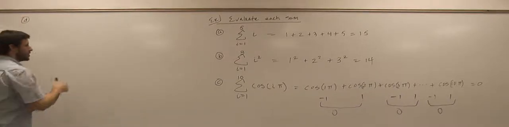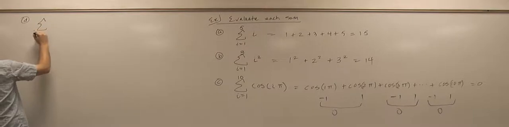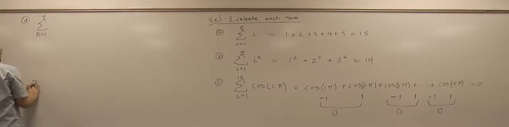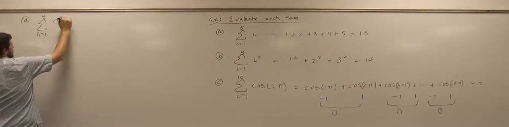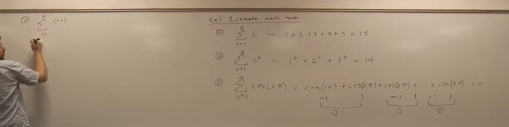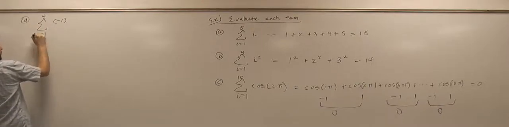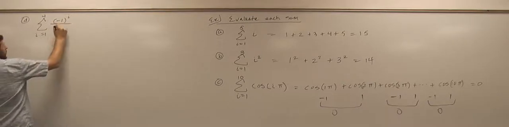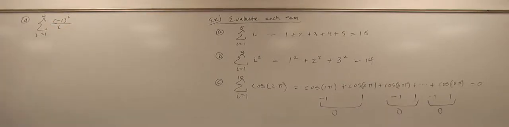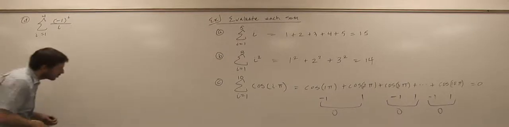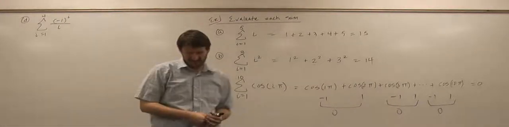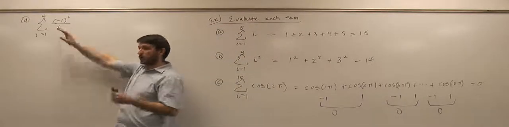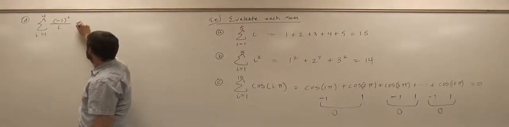And we'll make it a little more interesting. So sum from 1 to 4 of negative 1 to the, oh, not n, i. Negative 1 to the i over i. So this just means you start with 1 and plug it in.